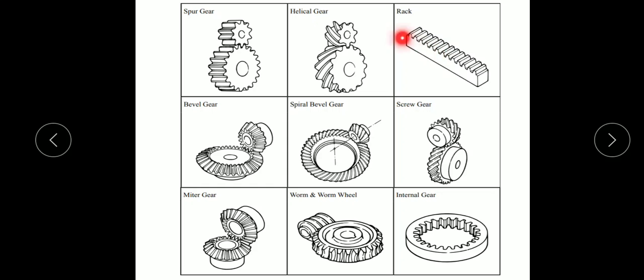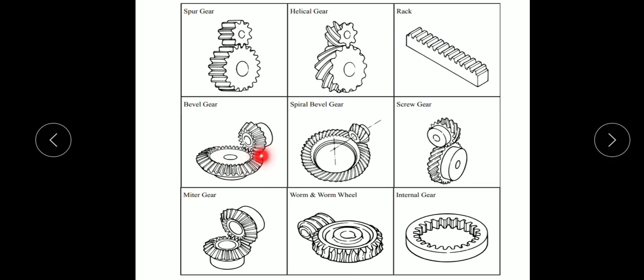And we have already discussed rack and pinion, so the rack will be in this shape, and another one is bevel gear. This is used for transferring power between two shafts that are not parallel, that are intersecting each other. Here the teeth are in a special shape, and when this shaft rotates, that will rotate the driven shaft.